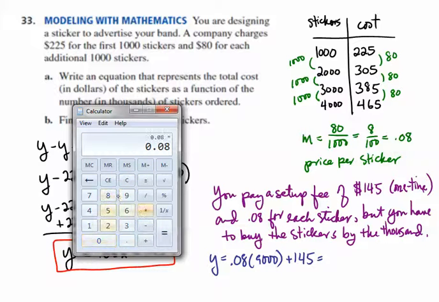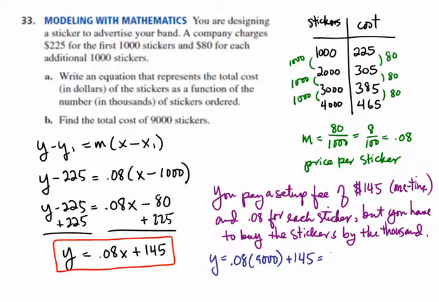That's equal to 720 plus $145 is equal to $865 for 9,000 stickers.